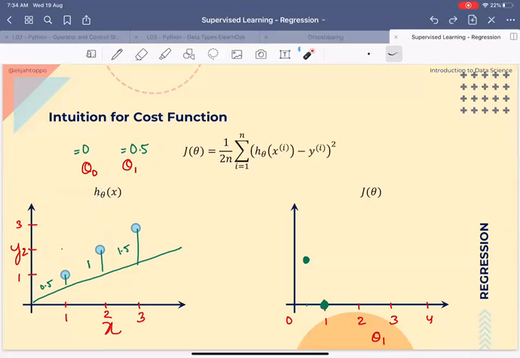Let me go for a different line, sorry. Okay, 1.5. This is a line. When x is 1, we get 1.5. When x is 2, we get 3. And when x is 3, we get 4.5.